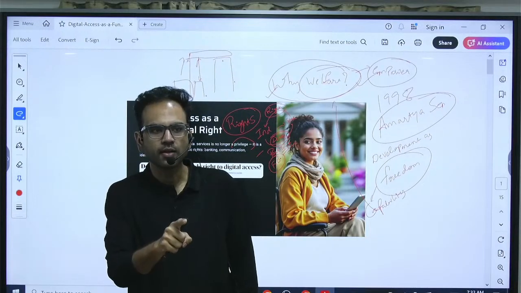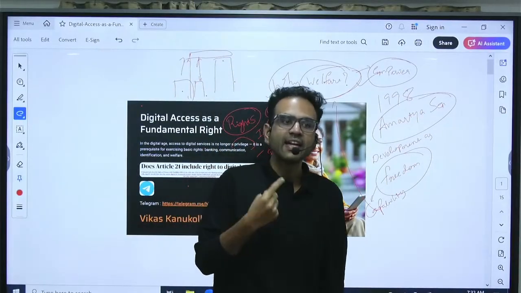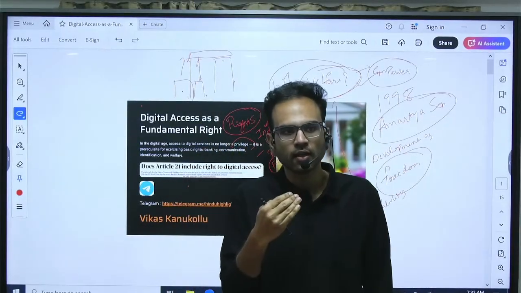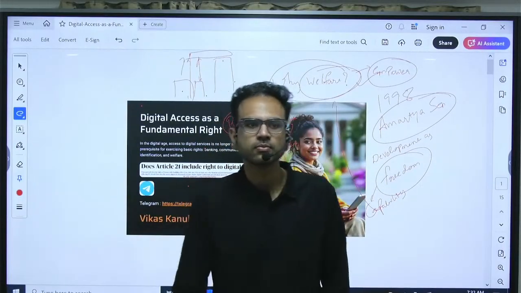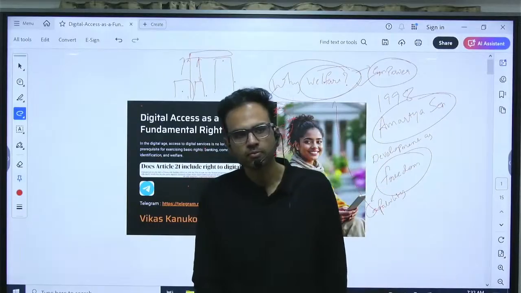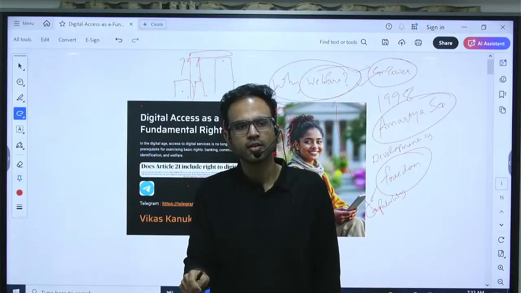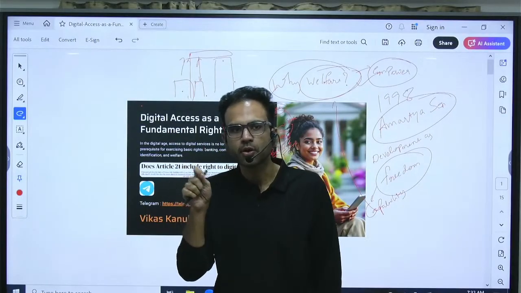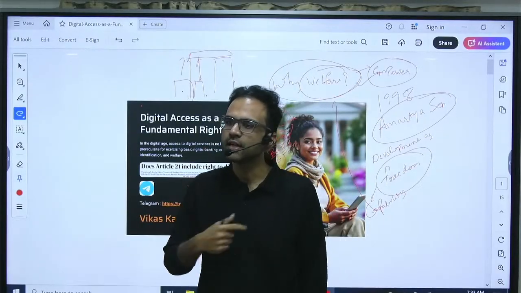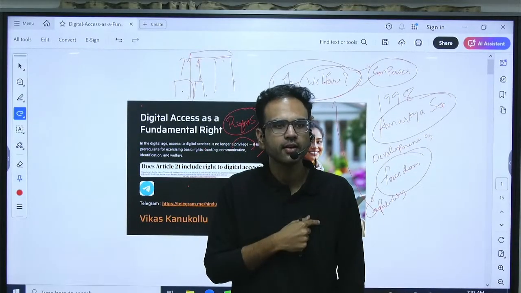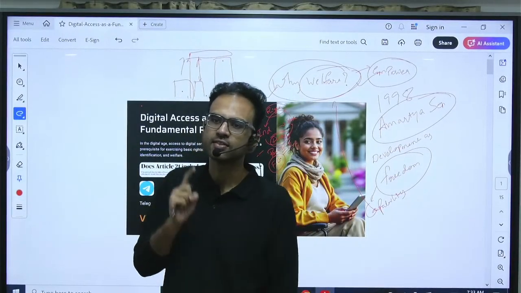Why is it called fundamental? Without this, your identity as a human being, your dignity as a human being can be taken away. Is that clear? So, you should ensure that your dignity is protected. You as a state, you should ensure that the dignity of every individual is protected, and that is the overall purpose for which governance exists.